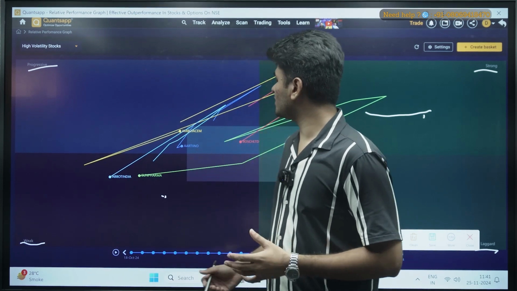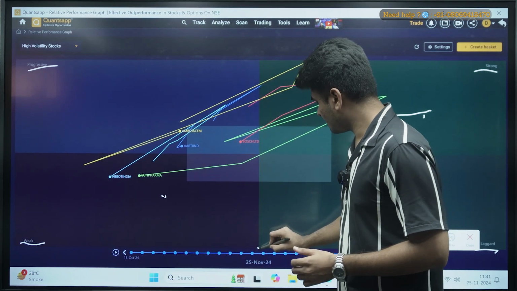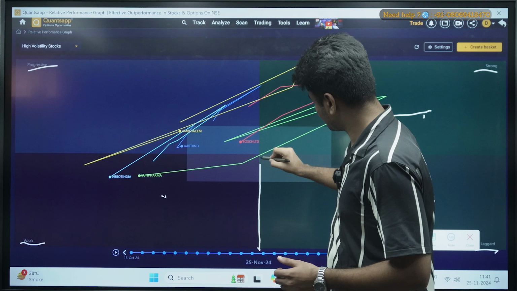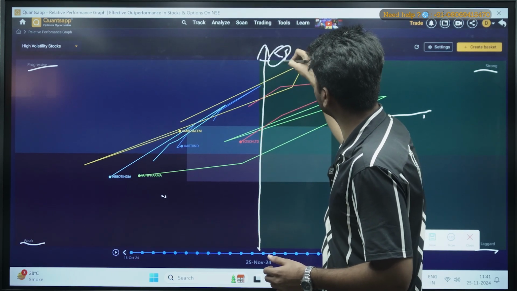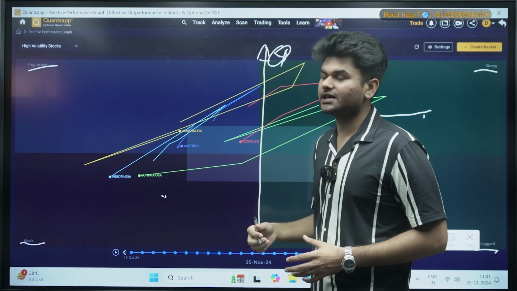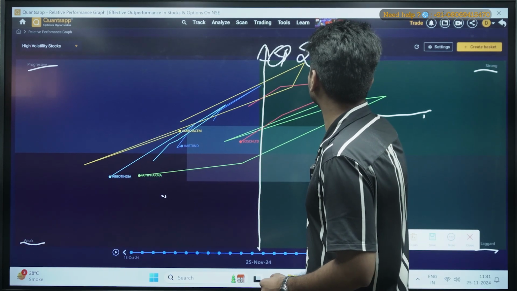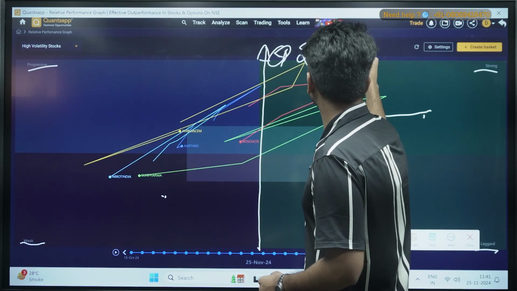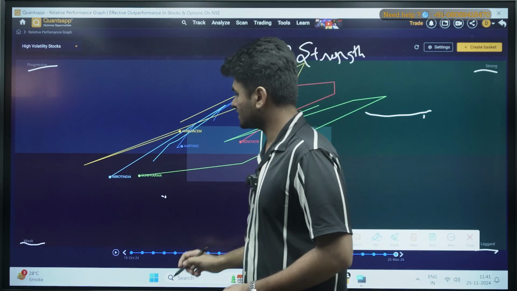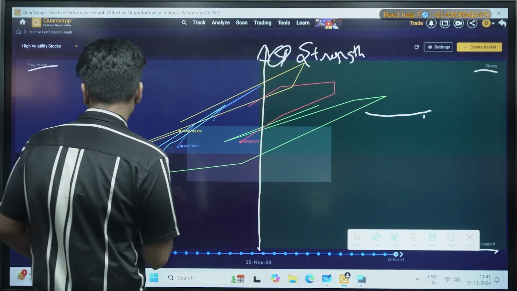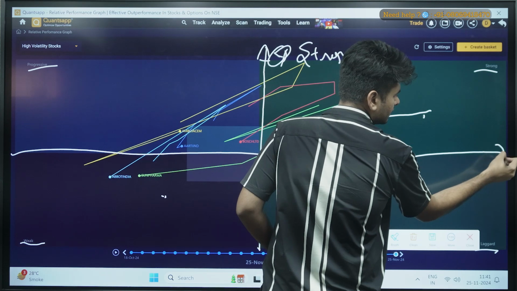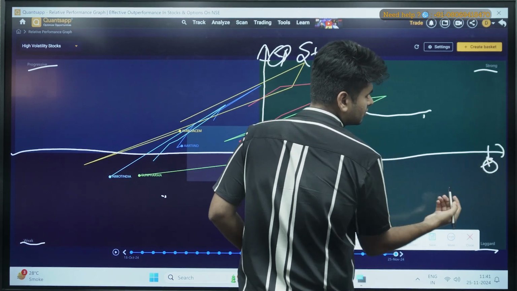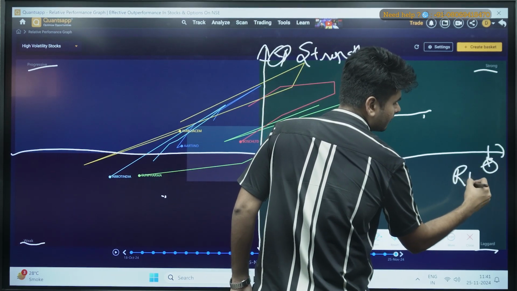So what is this particular graph based on? The y-axis here suggests the strength, and similarly the x-axis suggests the relative performance.